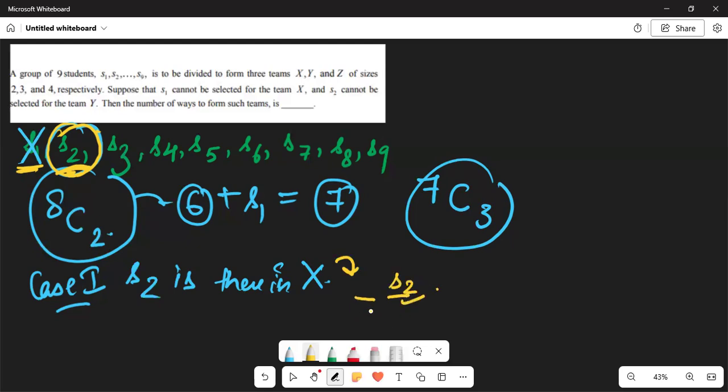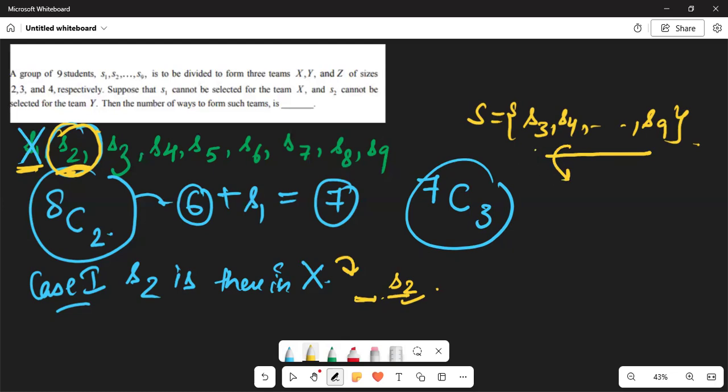So how many students need to be chosen right now? Only one. And how many remaining students do we have? We have S3, S4, S5 till S9, because S1 should not be there and S2 is already taken. So S3, S4, S5, S6, S7, S8 and S9. Out of these, S3 till S9, we have 7 students. Name this set as S. So we have 9 students, and out of these, we have 7 students.